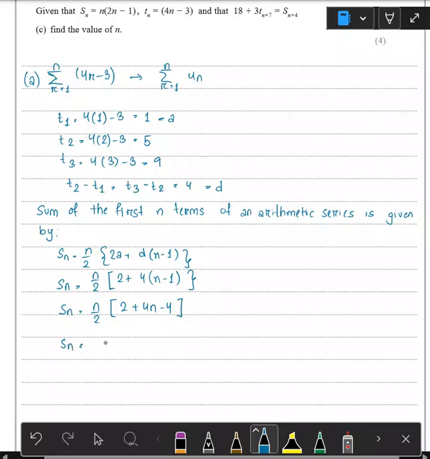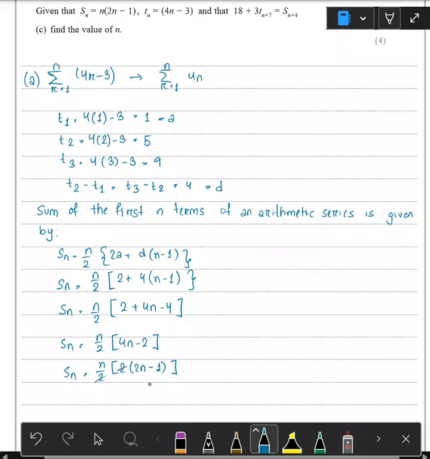Now Sn, the summation of the n terms, is given by n by 2, 4n minus 2. So Sn is n by 2. Now if I take the 2 common, this is 2n minus 1.